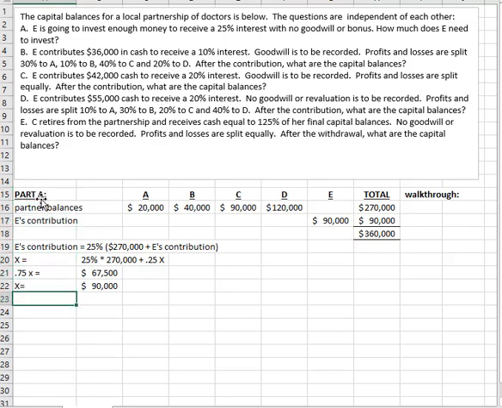Let's try part B. So E is going to contribute $36,000 in cash and get a 10% interest. And that's 10% of the total partnership capital after the $36,000 has been contributed. Goodwill is to be recorded.